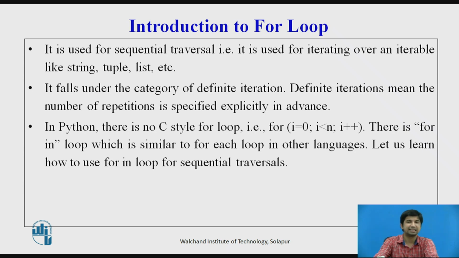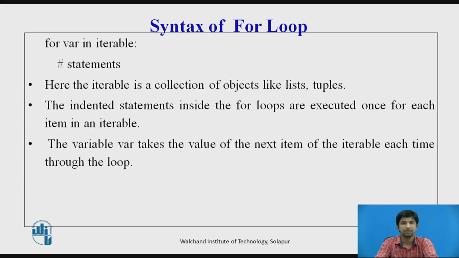Now, let us understand the syntax and how we can execute the program. Syntax of for loop: for var in iterable, statements. Here the iterable is a collection of objects like list, tuples.